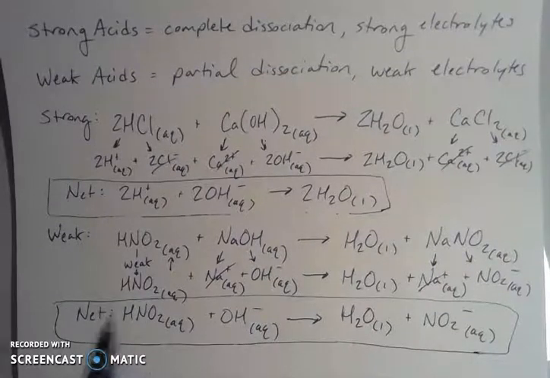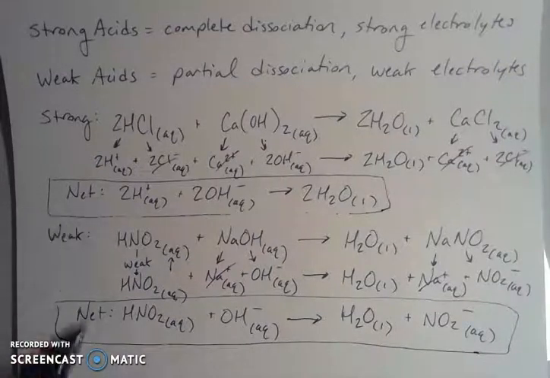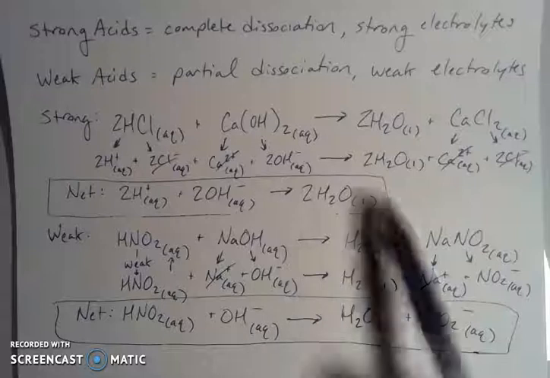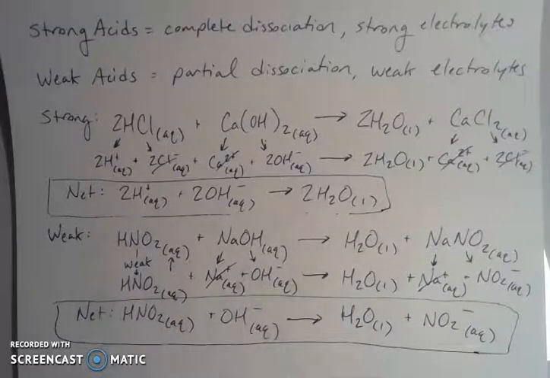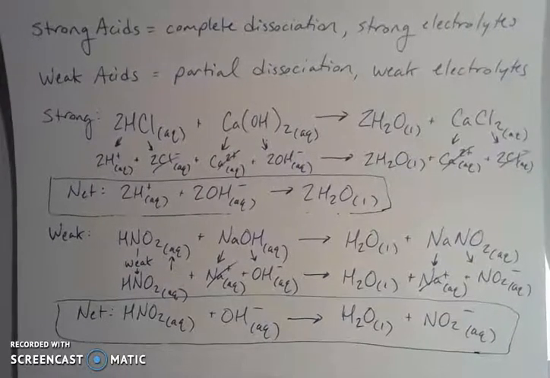But for now, what I'd like you to hear and what I'd like you to see from this is that the difference in the strength of the acid and the way that it dissociates in solution is going to allow for a different environment, right? Kind of a different product environment for each of these scenarios, depending on how much and how well these acids dissociate. So that's why it's important to know the difference, because you're going to have slightly different take-home messages for the different processes.